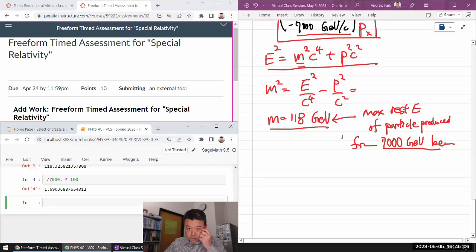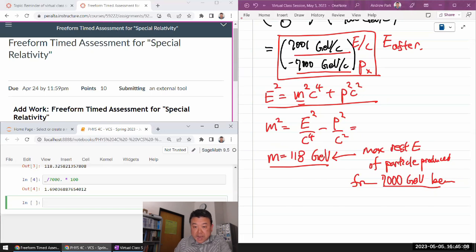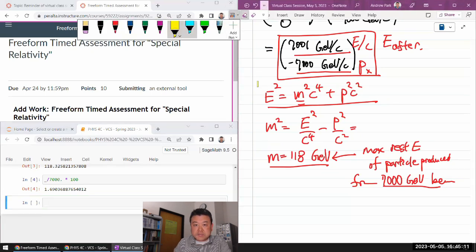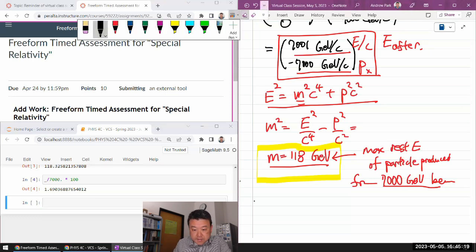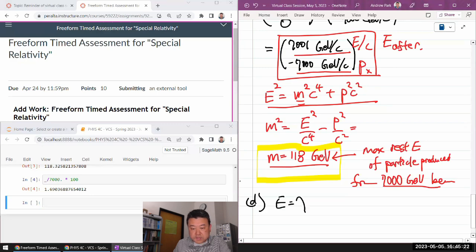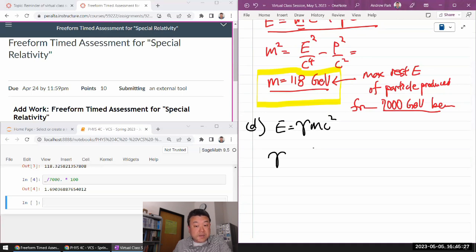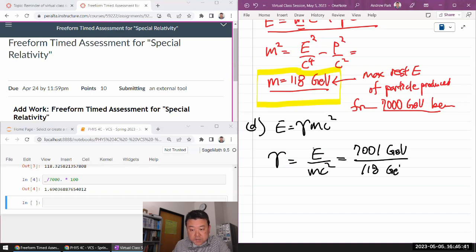The easy way to calculate the gamma factor, now that you know the rest energy of the particle, is to go back to the formula we used in part A: energy is given by gamma mc squared, so whenever you know the energy and mass, the gamma factor is E divided by mc squared. So here it's going to be 7001 GeV divided by 118 GeV.